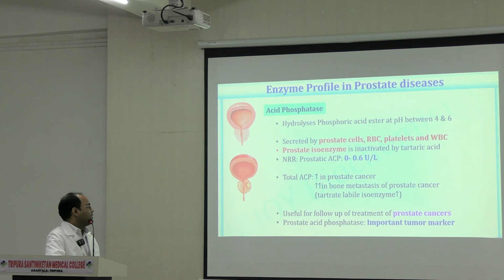Normal reference range 0 to 0.6 unit per liter. Increased in prostate cancer, in bone metastasis of prostate cancer, okay, and useful for follow-up of treatment of prostate cancer. Prostate specific phosphatase, important tumor marker. Just remember this. Acid phosphatase.